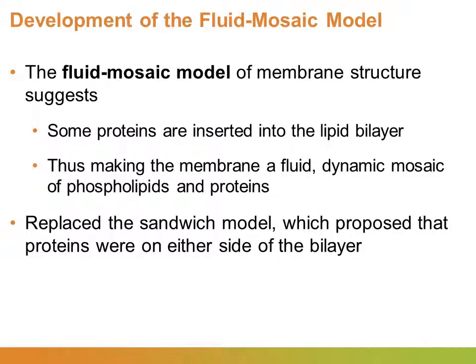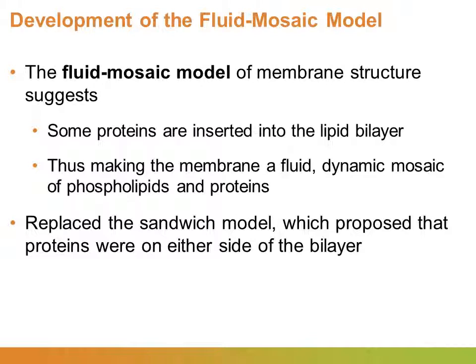This leads us to the idea of a fluid mosaic model. Well, what does fluid mean? Fluid means a liquidy movement of molecules. And we already know that there's a lateral movement of phospholipids. So what does mosaic mean? When I think of mosaics, I think of those fancy tile pictures that you find in Italy, in the Mediterranean area.